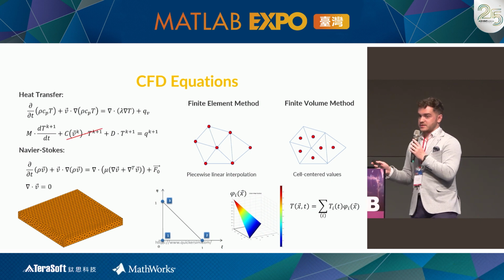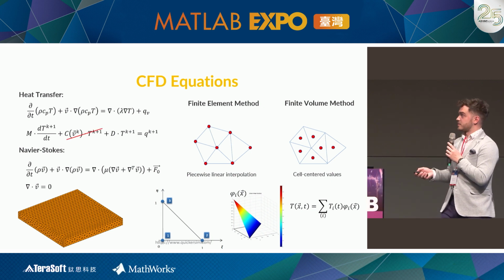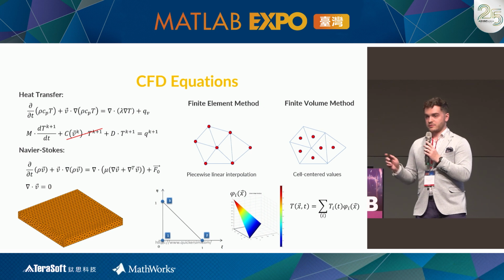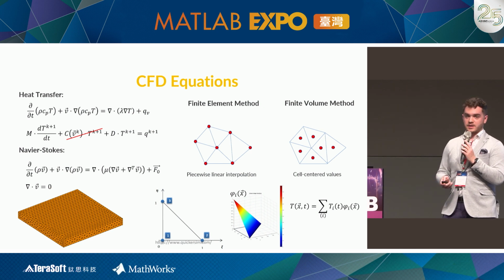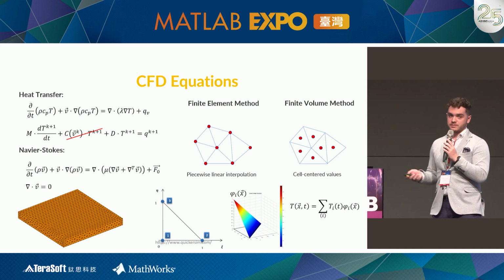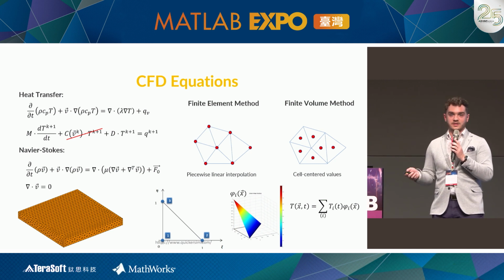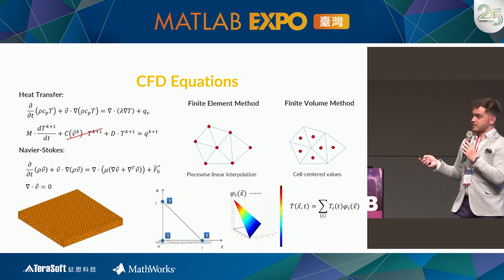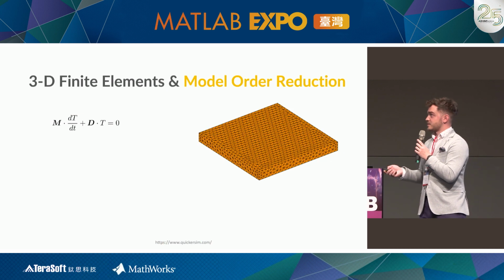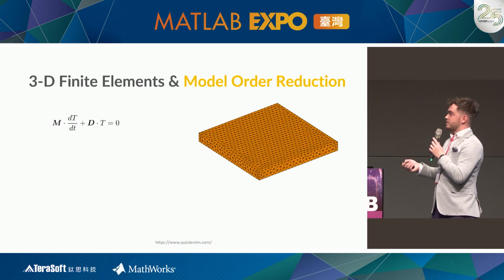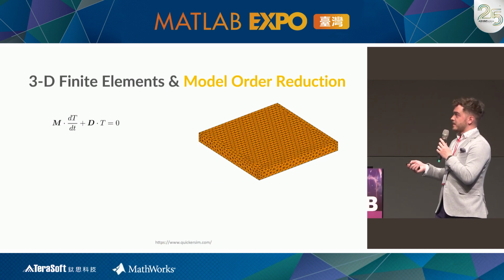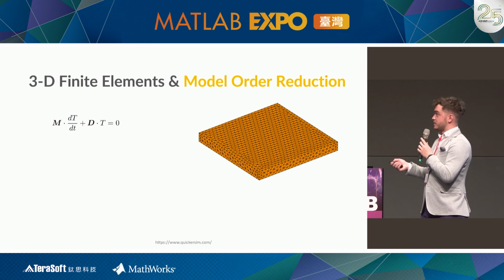Just for the simplicity of my explanation, let's drop the convective term. We do take it into account in Cubot, but to make it simpler and easier to explain in our limited time, I will not take it into account here. So we are left with a simplified equation with just the mass inertia and the conduction.